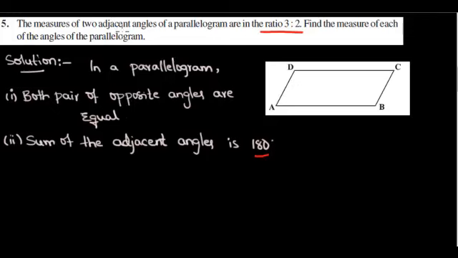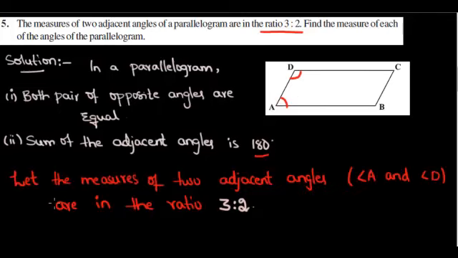And coming to the question, we are given the measures of two adjacent angles of a parallelogram are in the ratio 3:2. Let us take angle A and angle D to be the two adjacent angles, in the ratio 3:2.